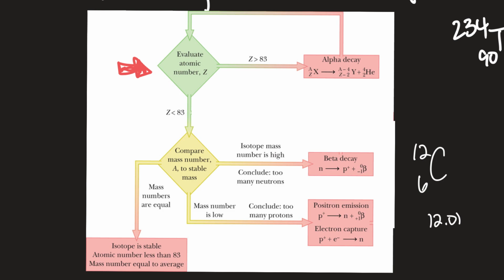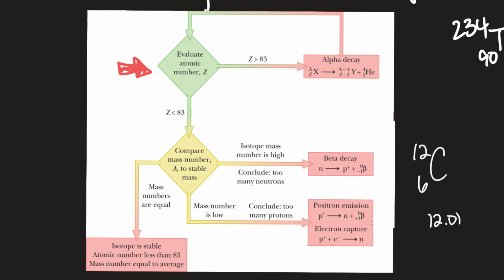This number is relatively the same, so if the mass here is equal or very, very close to it, then we have ourselves a stable isotope. Now, what if it's not? If the mass number of the atom is too high, we're going to go through a beta decay. That's because there are too many neutrons, so a neutron has to go.